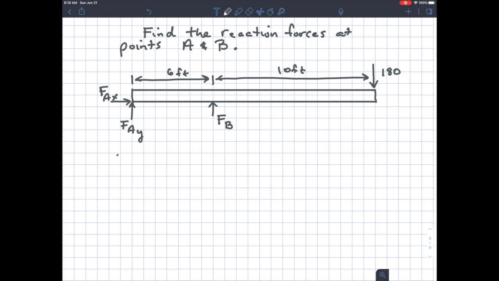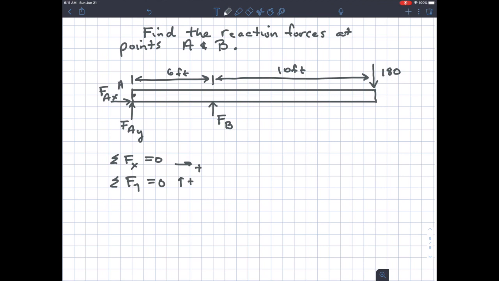Typically what we need to do is sum of forces in the x direction equals 0, and we need a coordinate system, so we're going to say x is positive going this way, and sum of forces in the y direction equals 0, where up is positive. But then we're going to add another equation where we can do the sum of moments about any point.